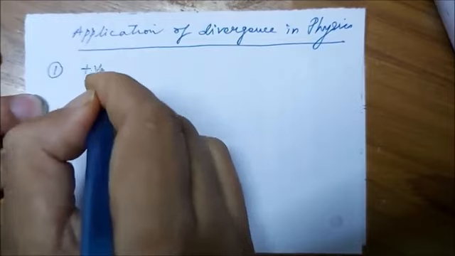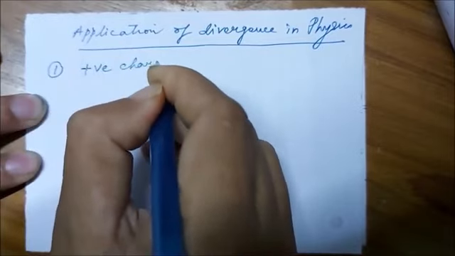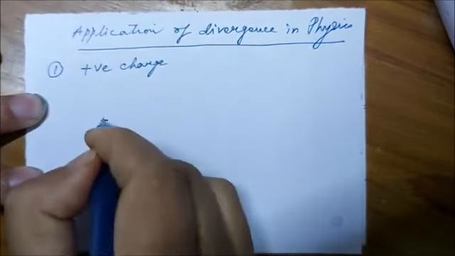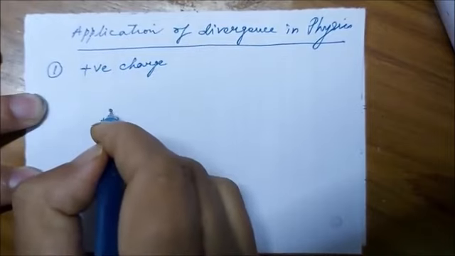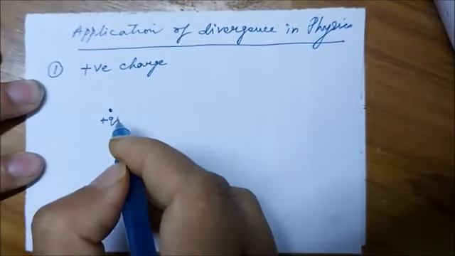Consider a positive charge, say plus Q, which is located at this point. Let us draw the field lines.